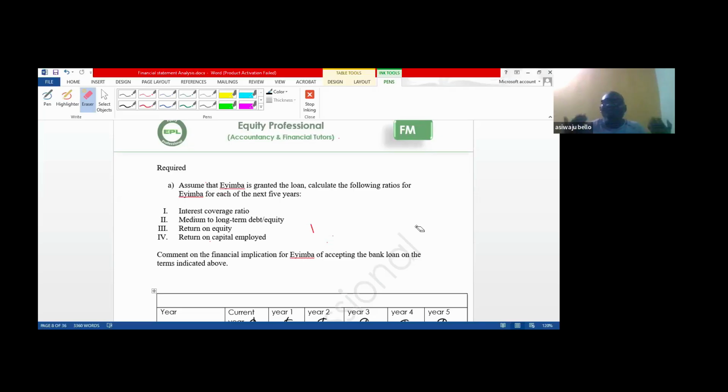Examiner says, comments on the financial implication of accepting the bank loan on the terms indicated above. You know, you have to project yourself as the finance manager.